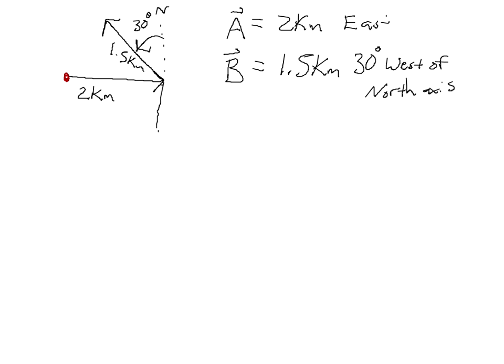I'd like to be able to tell them how to get directly to where I am. In other words, I want them to walk like that. So the question is, what vector represents that red line that goes directly from my starting point to my ending point?